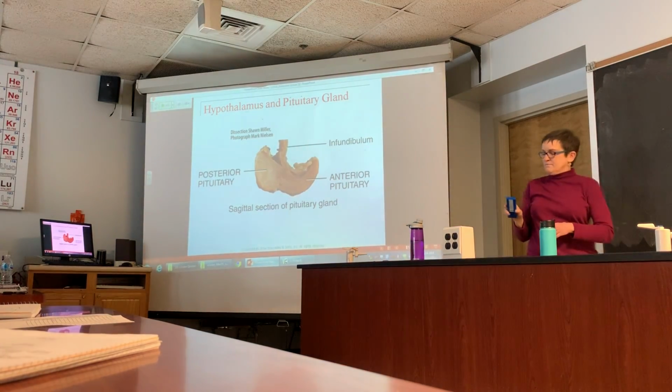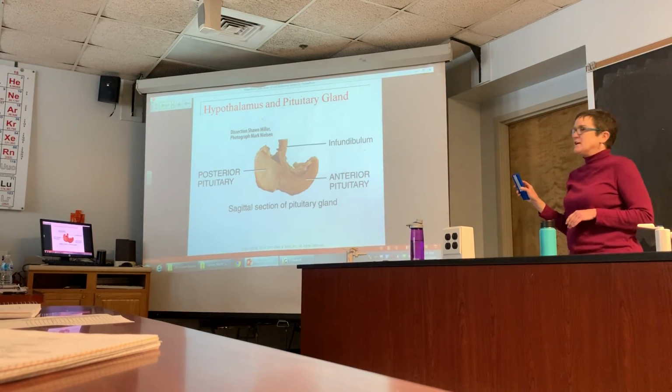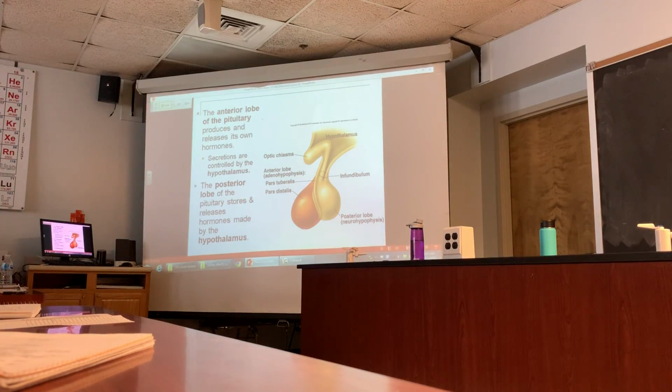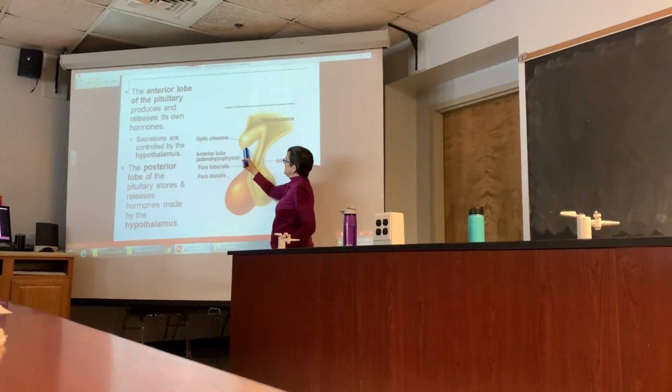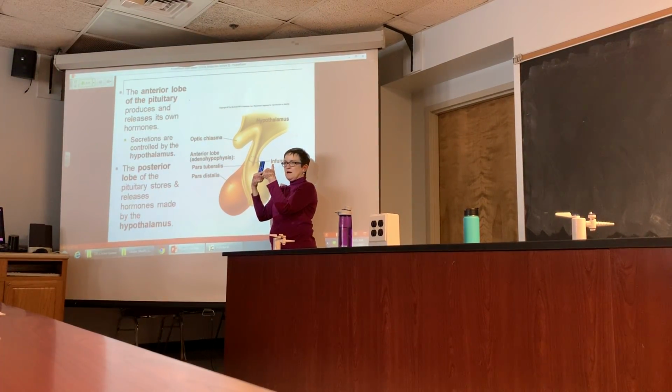The two sides of the pituitary have different functions, as we'll see, or work differently. So the anterior lobe is on the front side, and sometimes they've got it facing one way, sometimes the other. Whenever you see the optic chiasma, this is where you have crossing over of optic fibers from the eye.